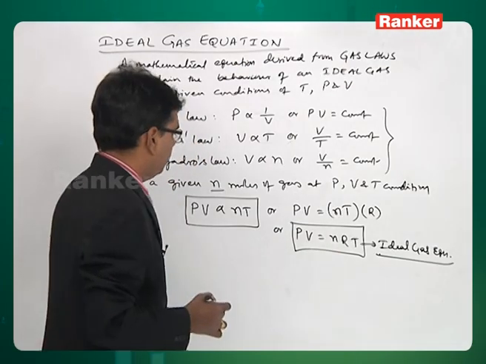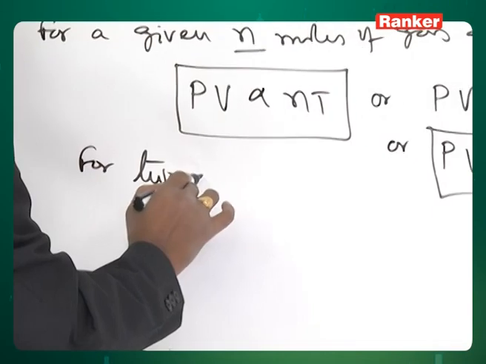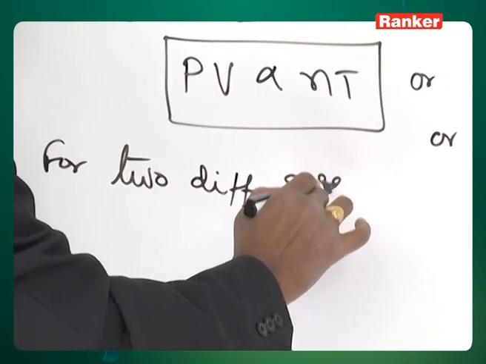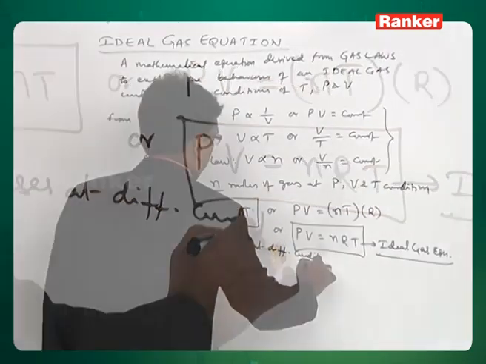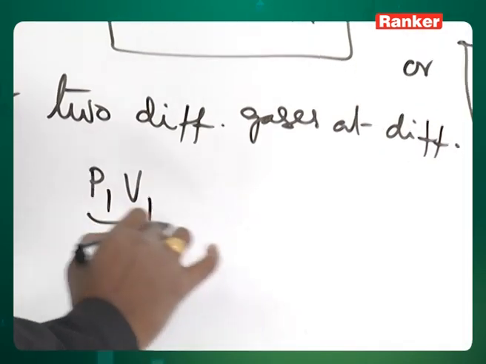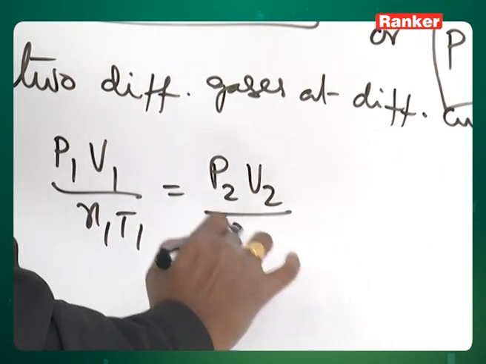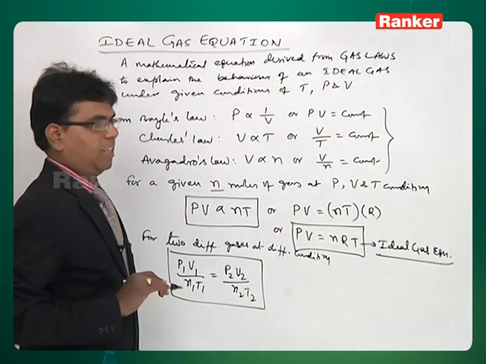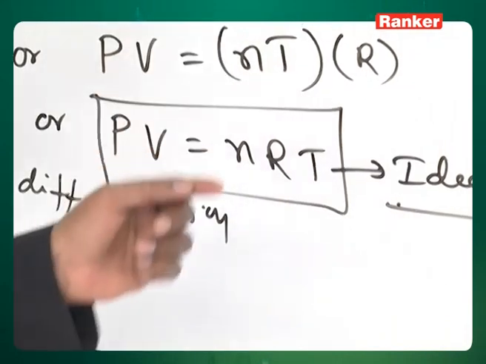Now, for two different gases at different conditions, you can write this as P1 V1 by n1 T1 is equal to P2 V2 by n2 T2. This is another way of writing this ideal gas equation by avoiding the gas constant R.